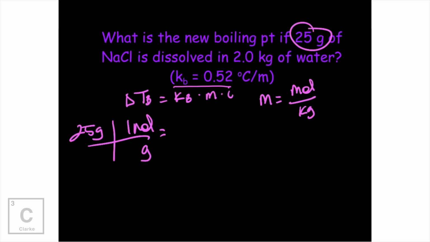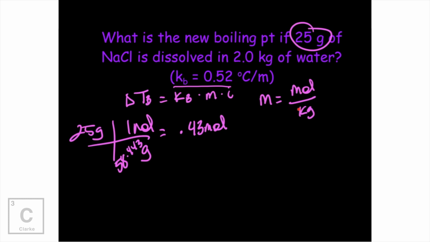Na is 22.99 plus chlorine, which is 35.453. I feel like I add this molar mass all the time. I should have it memorized, and I don't. We've got 58.443. So I'm going to put that in my calculator, 25 divided by 58.443 to get, let me look at my sig figs, 2 sig figs, 0.43 moles.